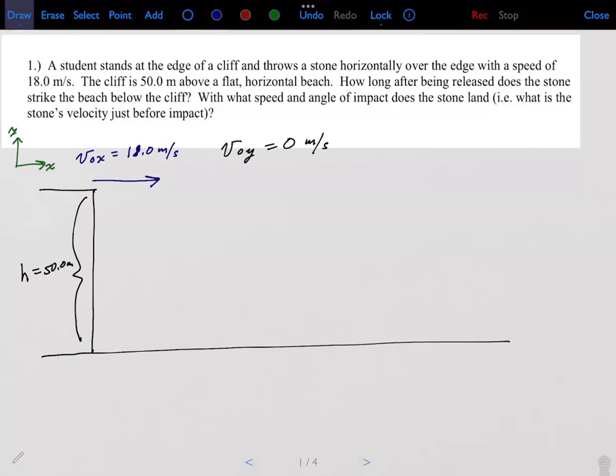Okay, what else do we know? Well, this thing is going to immediately start to fall, due to gravity, and it's going to hit at some time. We need to figure out the time, and we also want to figure out the velocity at which it hits. So we want to figure out this final velocity.